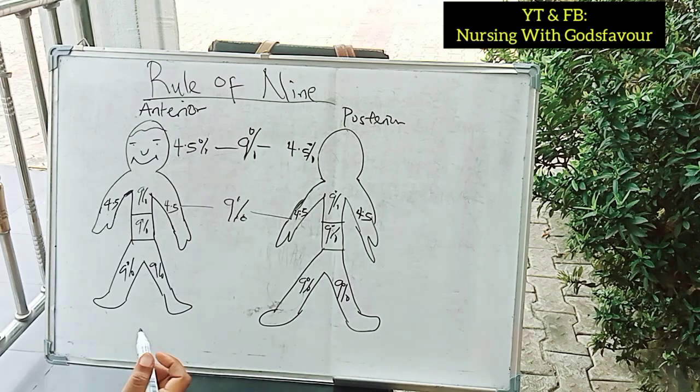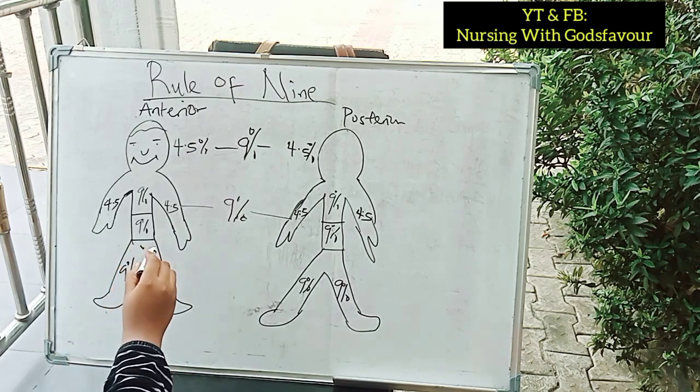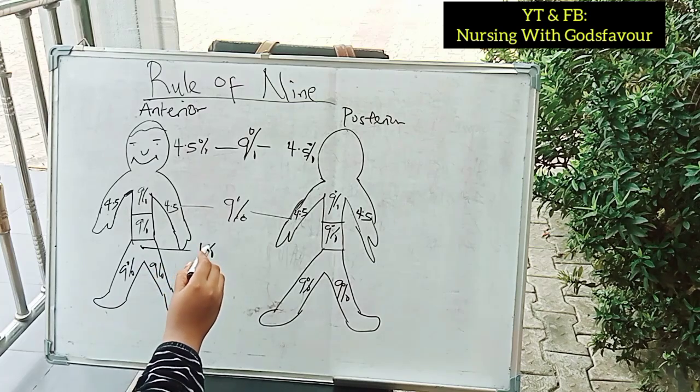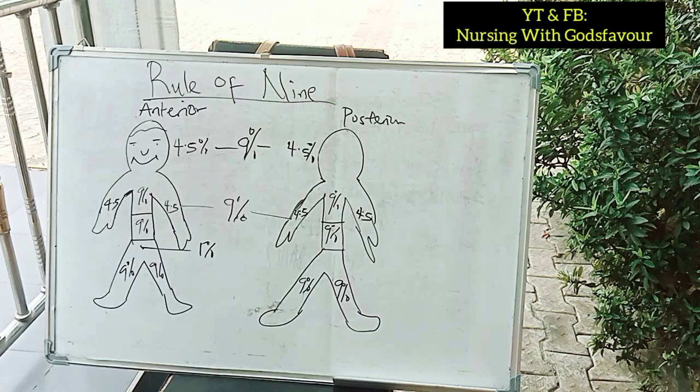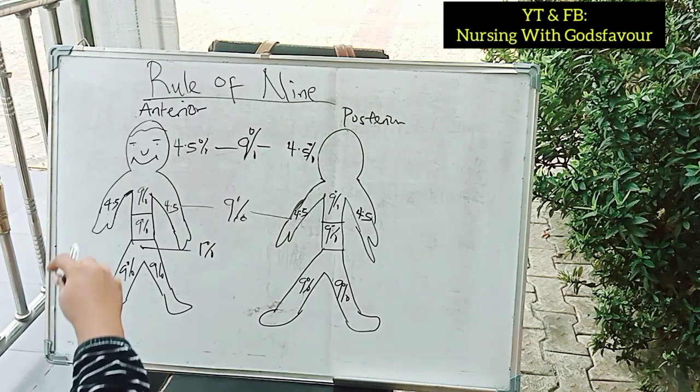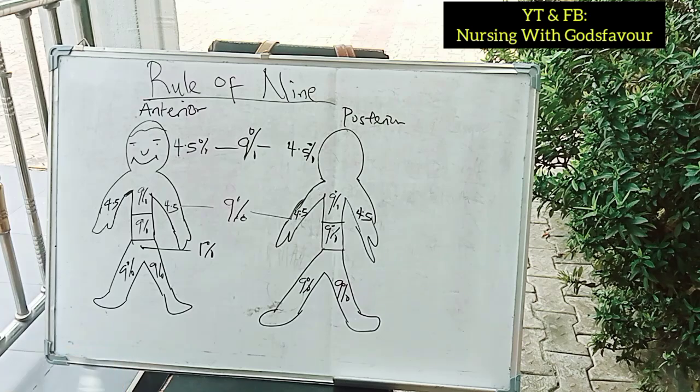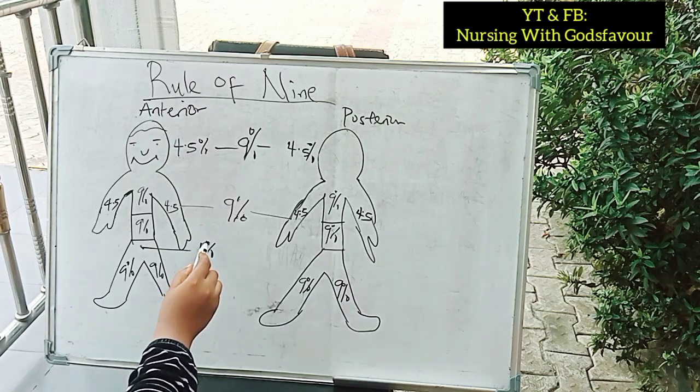If you remember what I said earlier, the genitals are 1%. If only the genitals are affected, it is 1%. If the genitals and other body parts are affected, they will all be calculated, and the genitals will be given 1%.